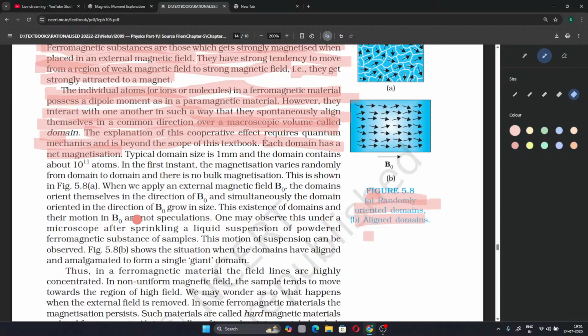How this arrangement takes place is not something we need to know right now. Due to this arrangement, which we call a domain, each domain has a net magnetization. Typical domain size is 1 mm and the domain contains about 10 power 11 atoms. In the first instant, the magnetization varies randomly from domain to domain and there is no bulk magnetization.